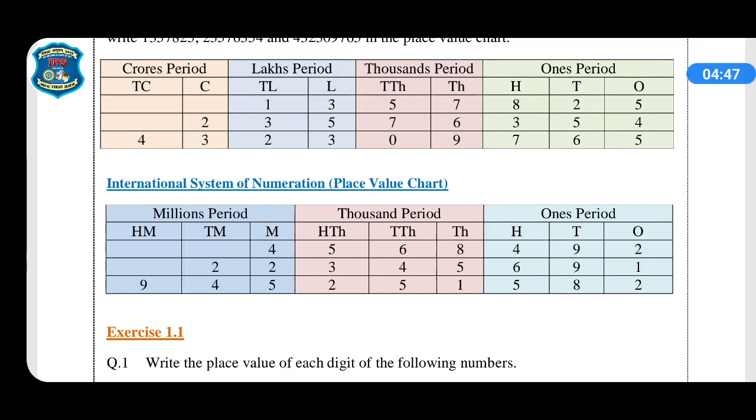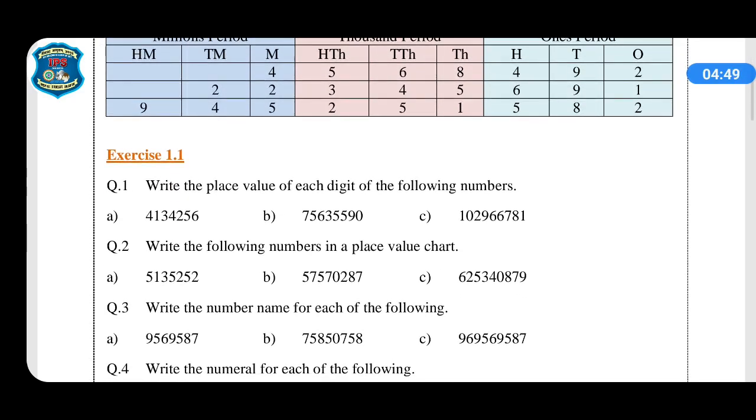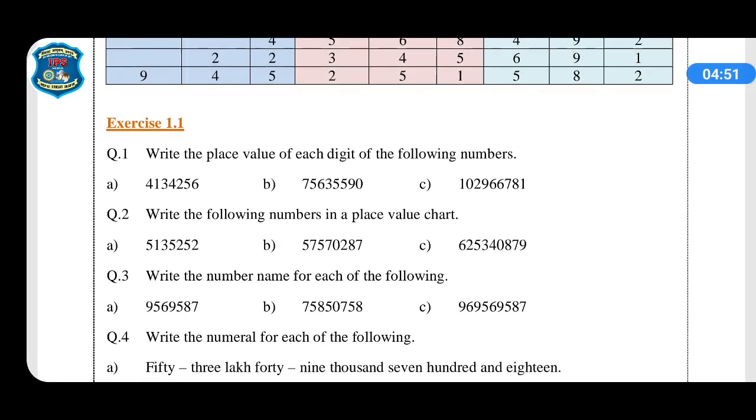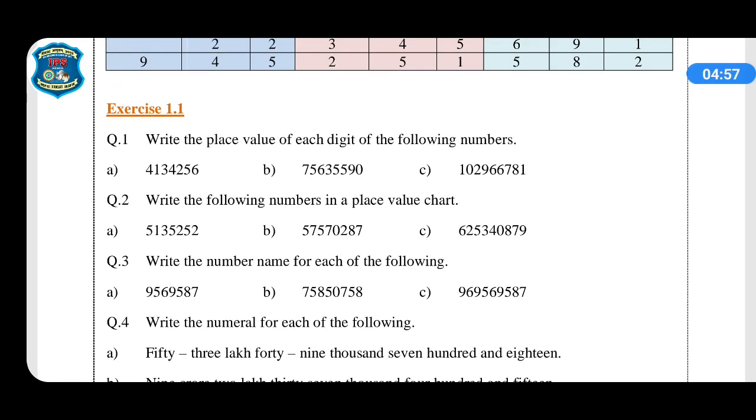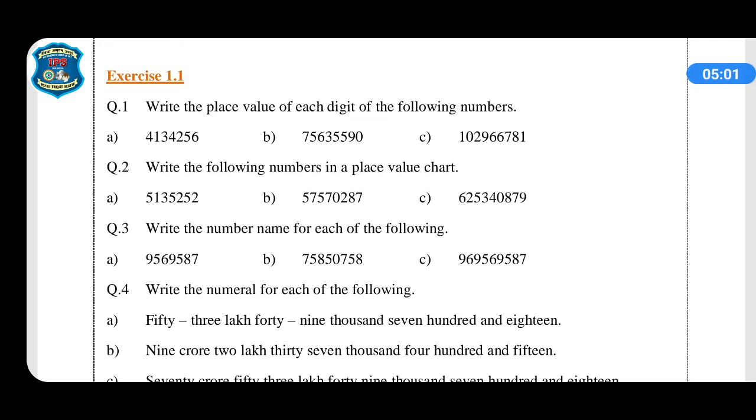Now let us start the exercise. Now we are starting the first exercise, exercise 1.1. See, the very first question is: Write the place value of each digit of the following numbers.